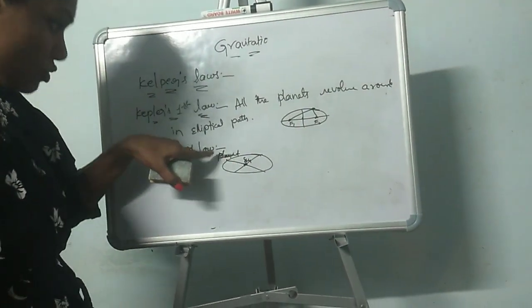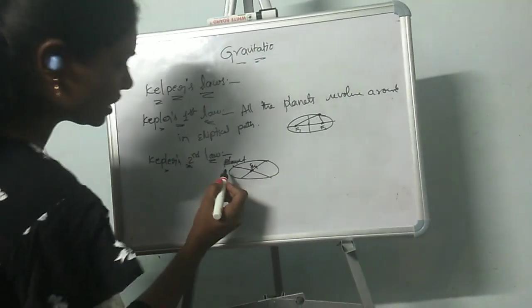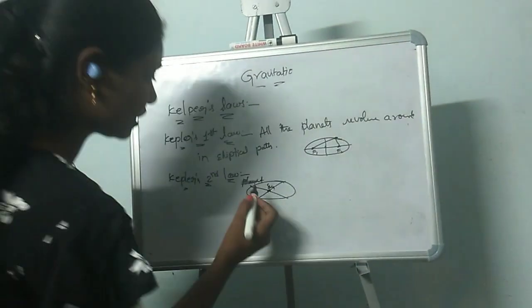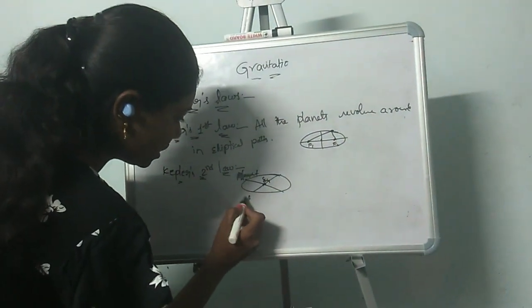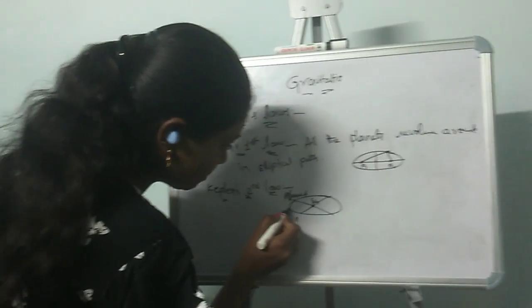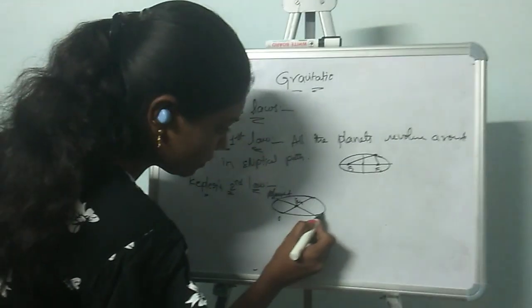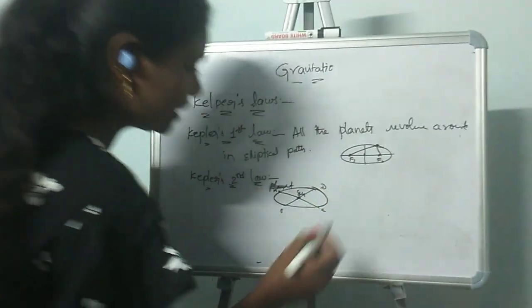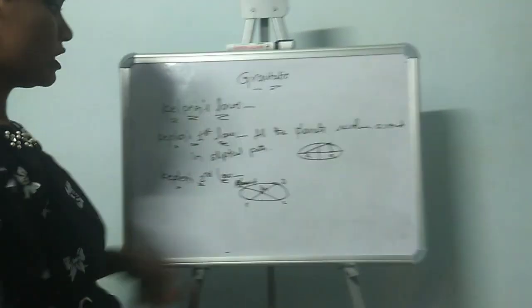The radius vector drawn from the planet to the sun sweeps equal areas in equal intervals of time. That means from A to B, when the planet moves from A to B, or from C to D, it takes equal areas in equal intervals of time.